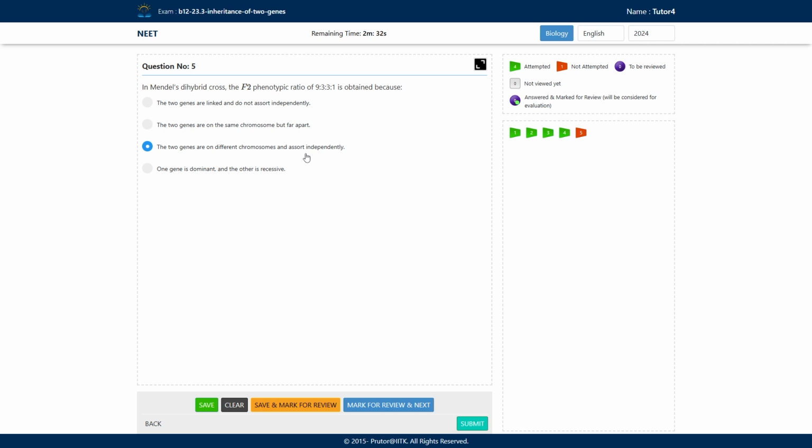Okay, we'll talk about law of independent assortment in detail in the next session. Clear? So this independent assortment means one pair of alleles assorts or segregates independently of the other. Segregation of one pair of the alleles happens independently of the other pair of alleles. So we'll discuss this as well. So here the answer is option number C.